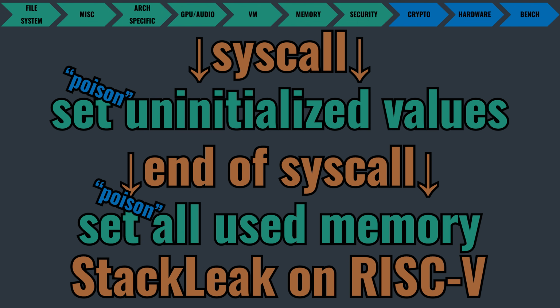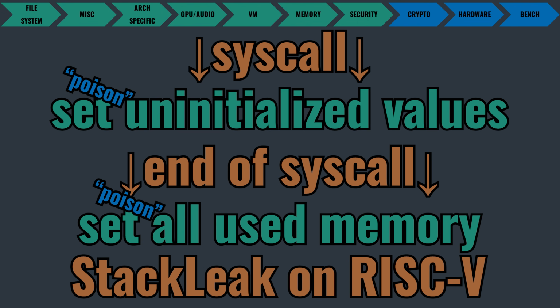And after that, when you're done with your values, it will make sure to rewrite all the memory with that special value called poison. By doing that, they ensure that no memory can come in that would be dangerous and no memory can come out that could be leaked. So that's really important in some circumstances. It's good that we have a tool for that, and it's good also that we have support for it on the RISC-V architecture.